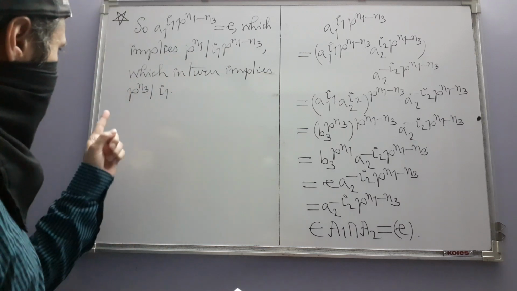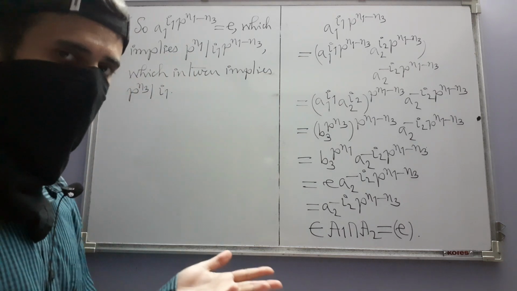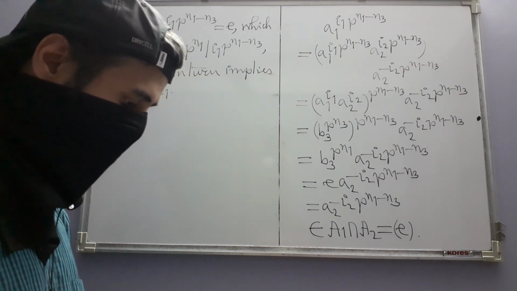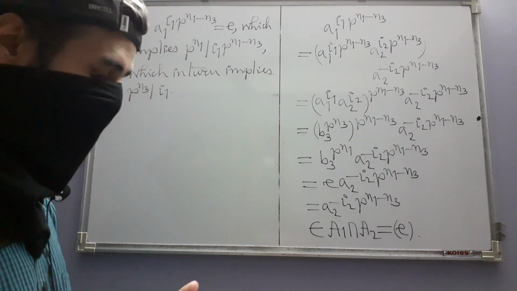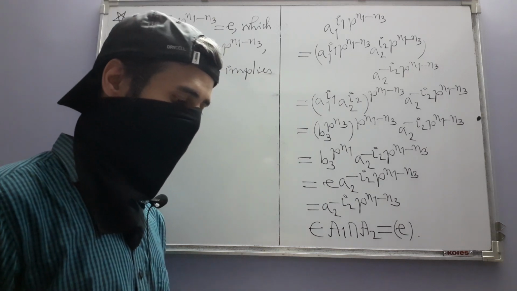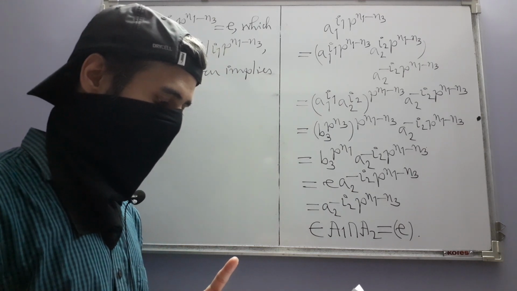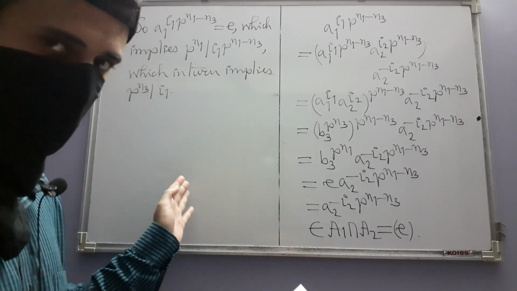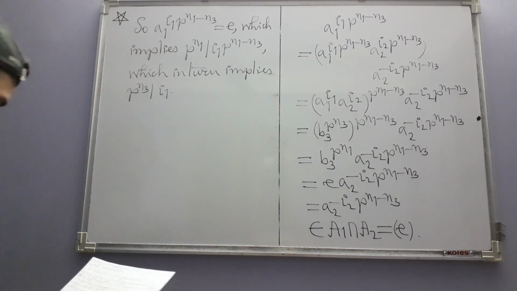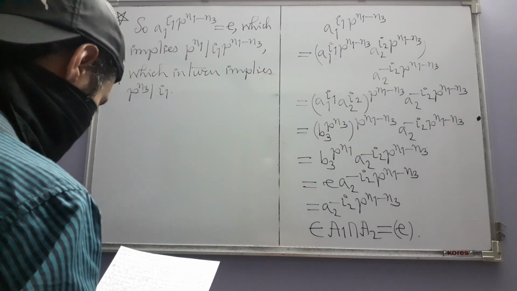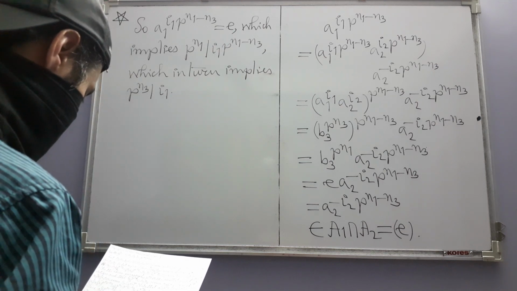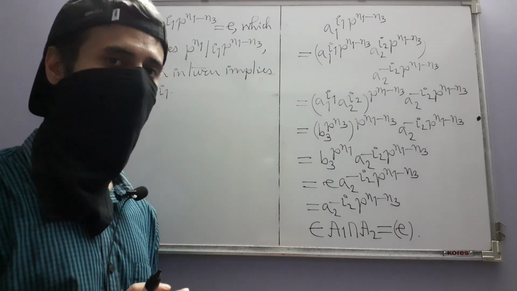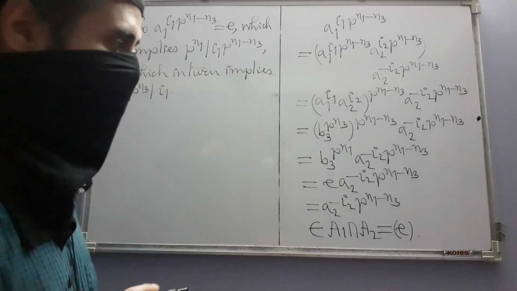Here we have got p to the power n3 dividing I1, and a while ago, we also saw that p to the power n3 divides I2 as well, okay, and it's also dividing I1. So that means both I1 and I2 are multiples of p to the power n3.